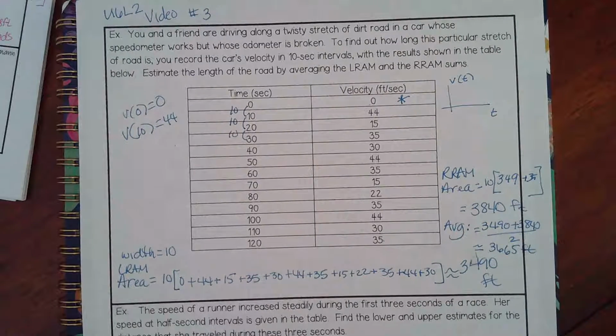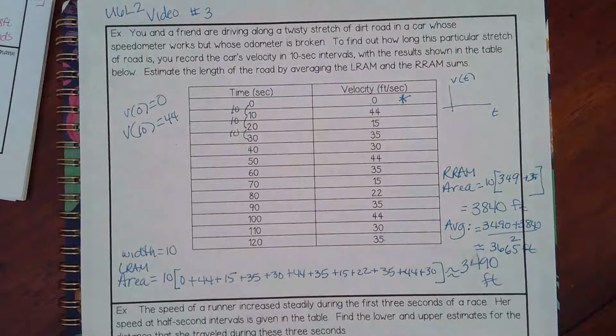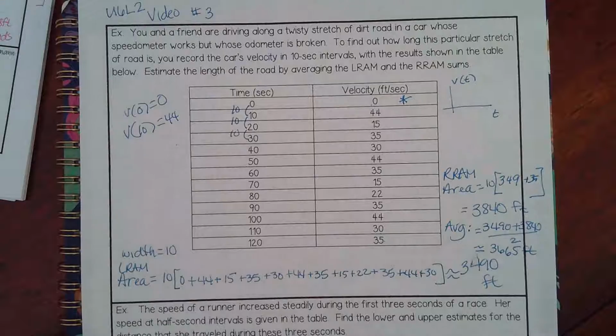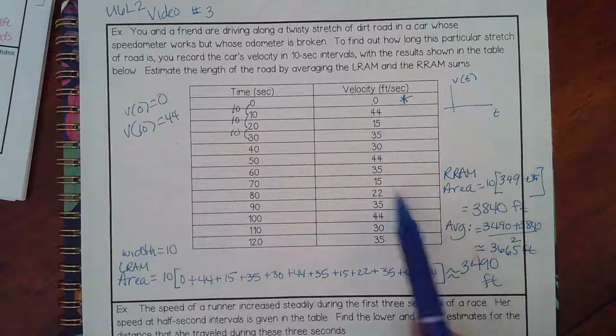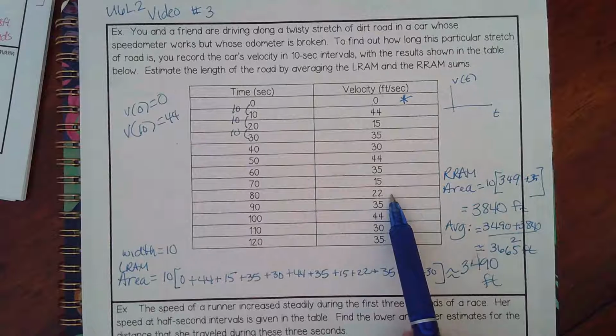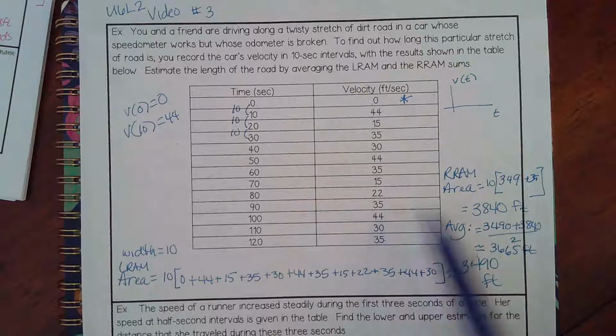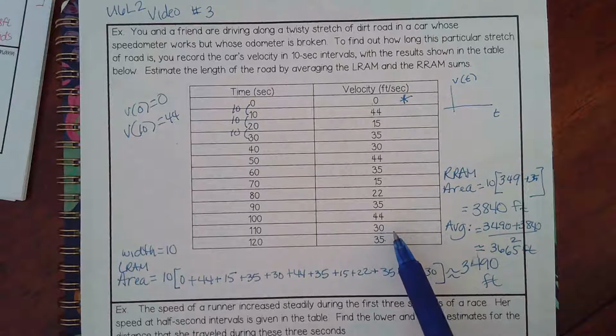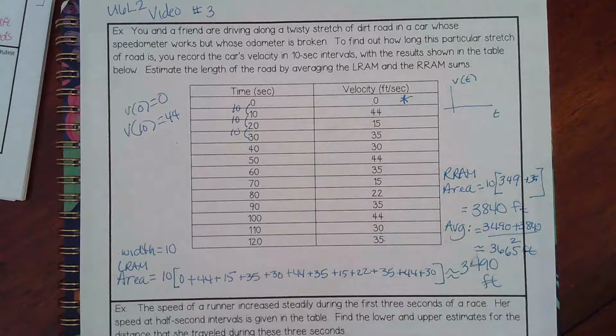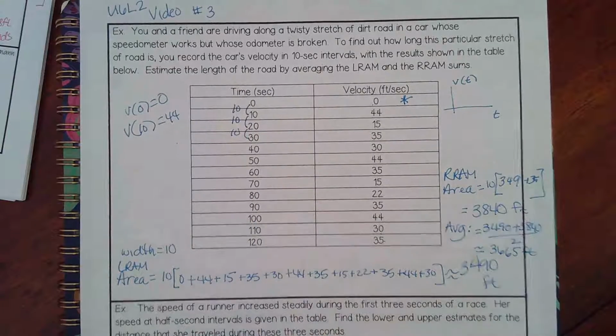So you can use a rectangular approximation method when your data is in table form as well. In fact, I think it's a lot easier because you don't have to find the heights by plugging values into functions.